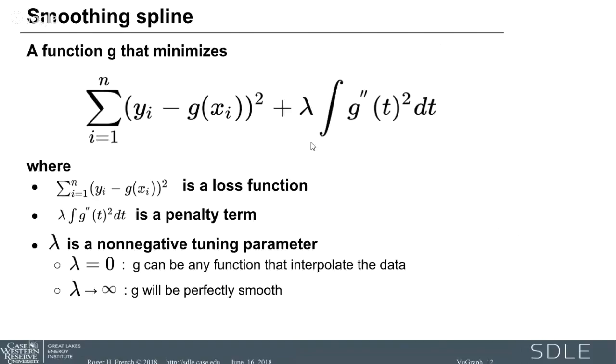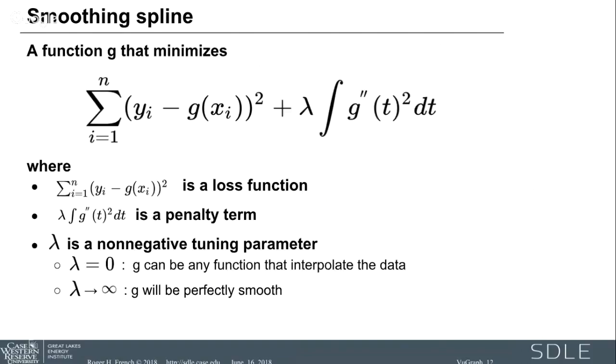If you ignore the second part, which is lambda equals 0, g can be any function, and you can imagine this is the residual sum of squares. And if lambda goes to infinity, g will be perfectly smooth.